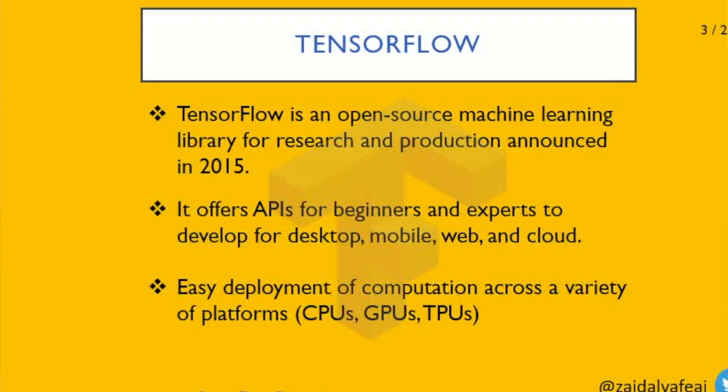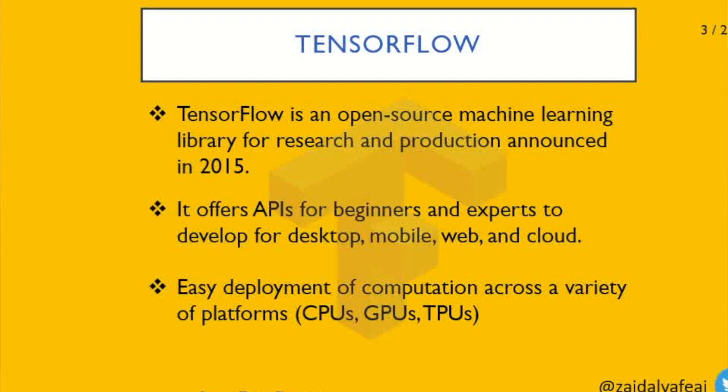GPUs are graphics processing units, which were used for gaming before, but nowadays are mostly used for deep learning, because when you are doing computation on models, lots of computations are happening at the same time. So GPUs make this faster, because CPUs are not optimized for this process.